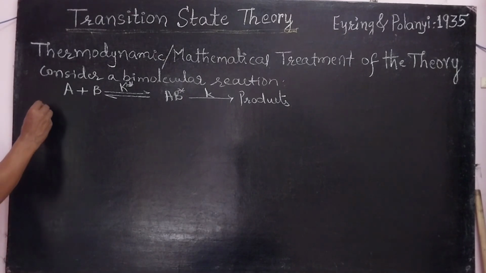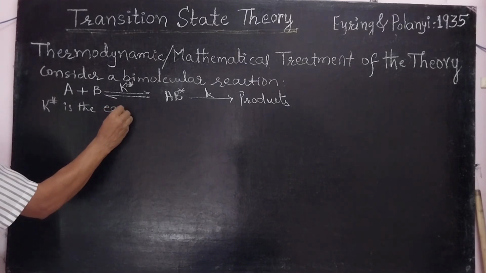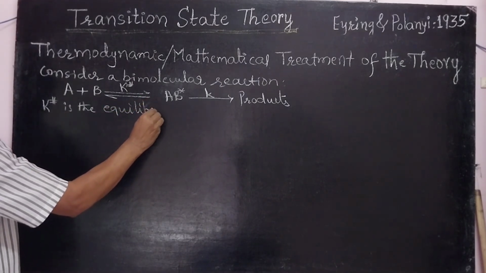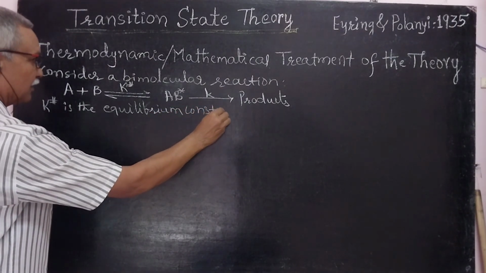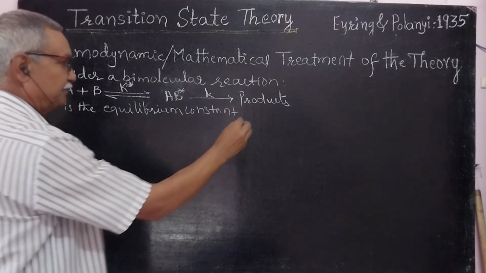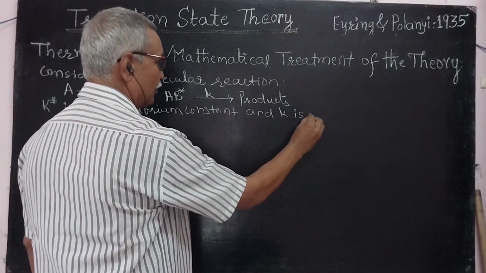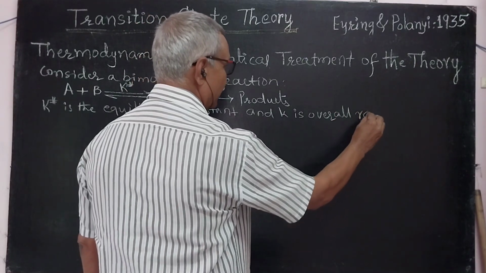Where K star is the equilibrium constant and K is the overall rate constant.